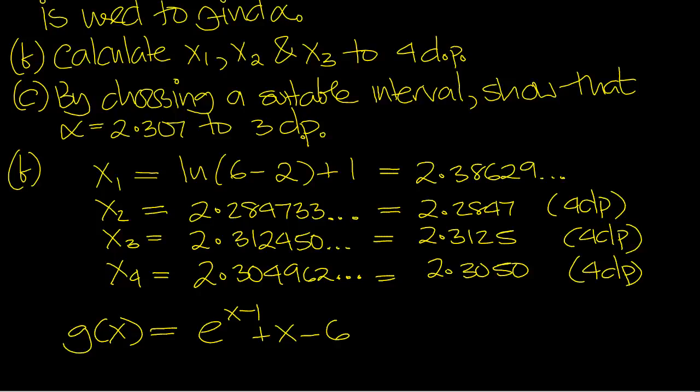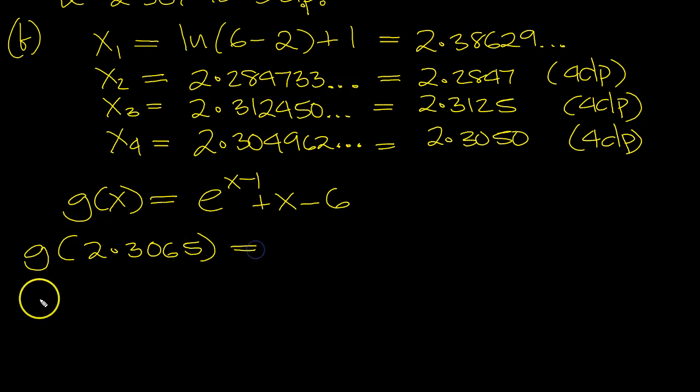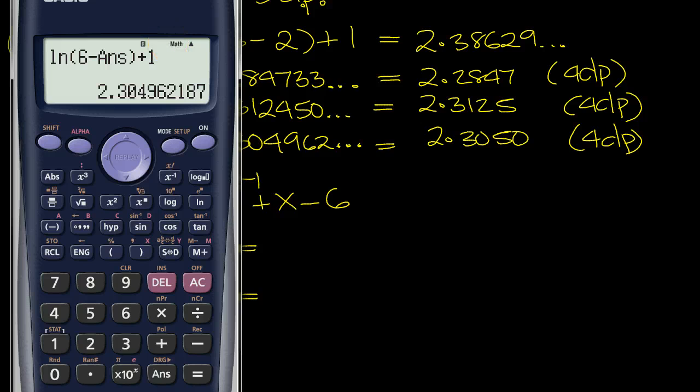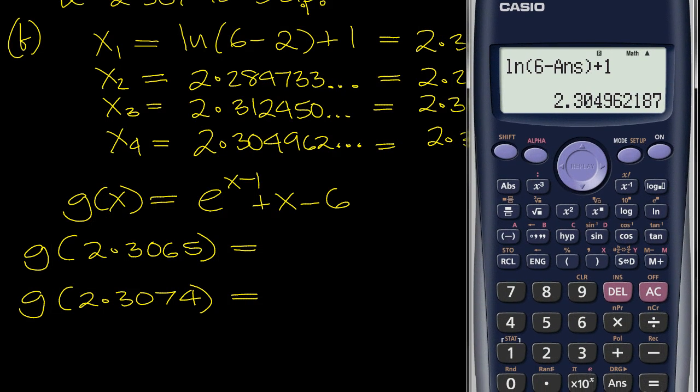Show that alpha is equal to that. Well, I'm just going to use the g of x formula here, the actual formula, and it was 2.307, wasn't it? So g of 2.3065, and I want to work out g of 2.3074 and see if one is positive and one is negative. So let's work those out then. That's the way to do it, isn't it?